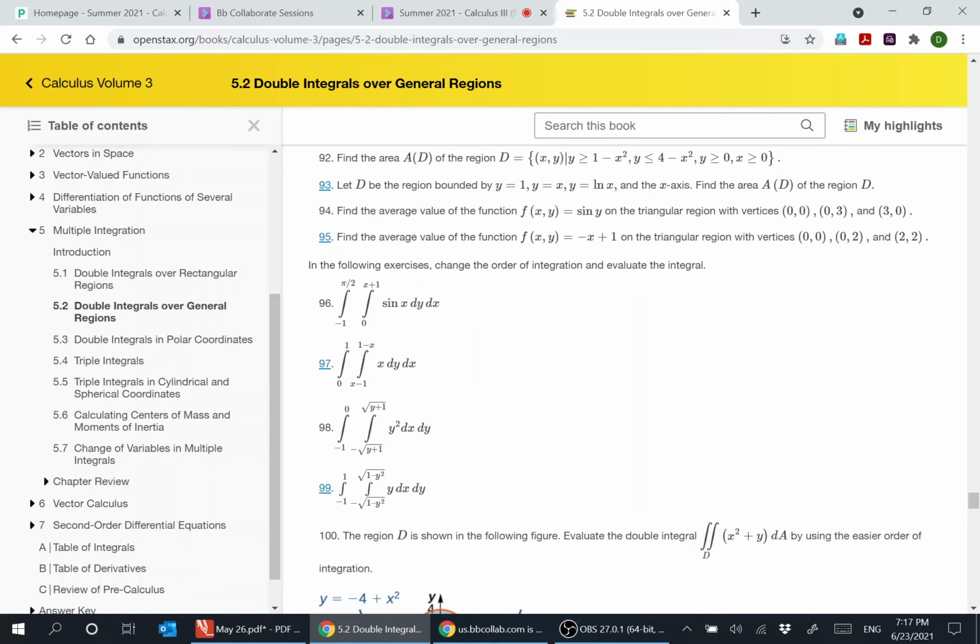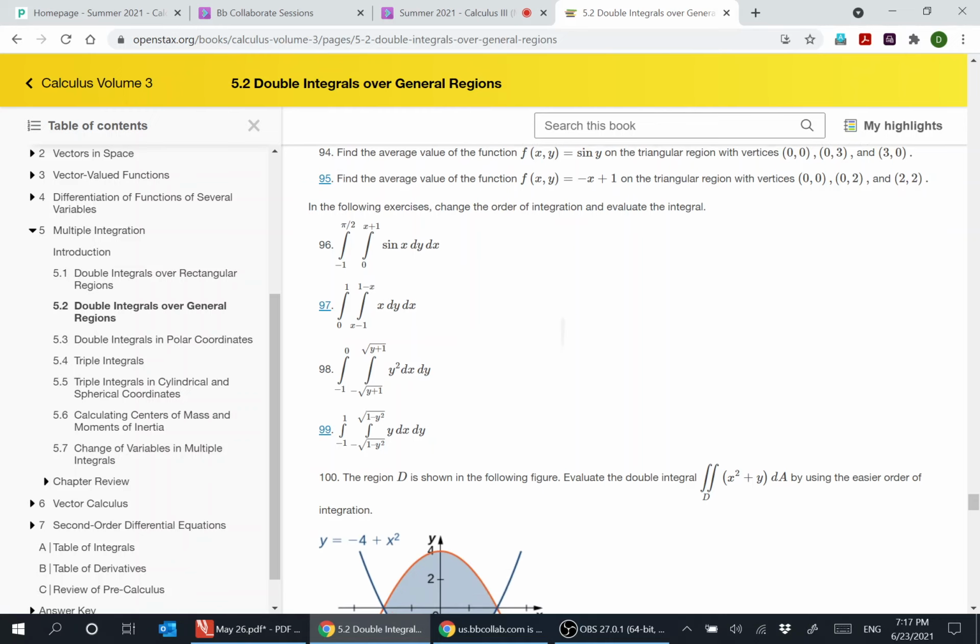So we've got this double integral here, integral from minus 1 to 0, and then minus root y plus 1 to root y plus 1, y squared dx dy.